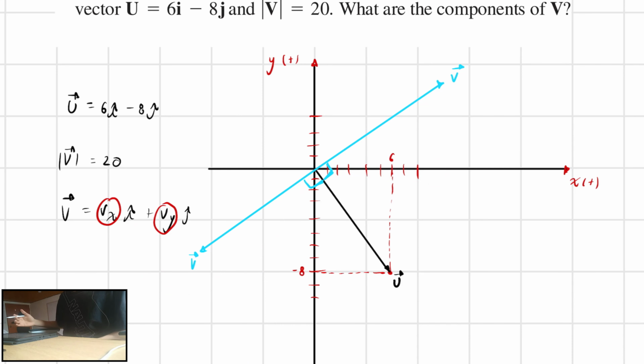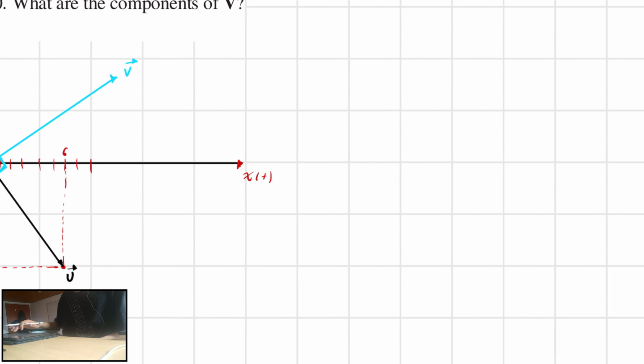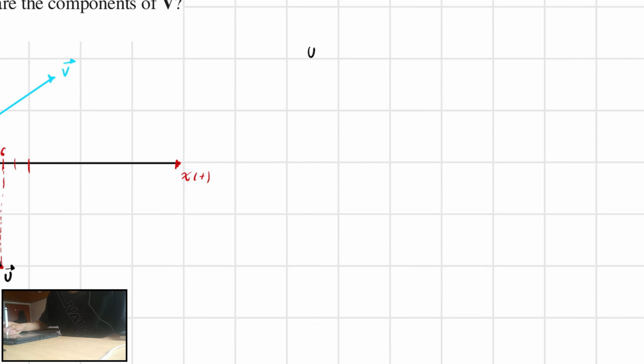But there is one thing that is called the unit vector. The unit vector is a vector whose magnitude is equal to 1. So the magnitude of a-hat is equal to 1.